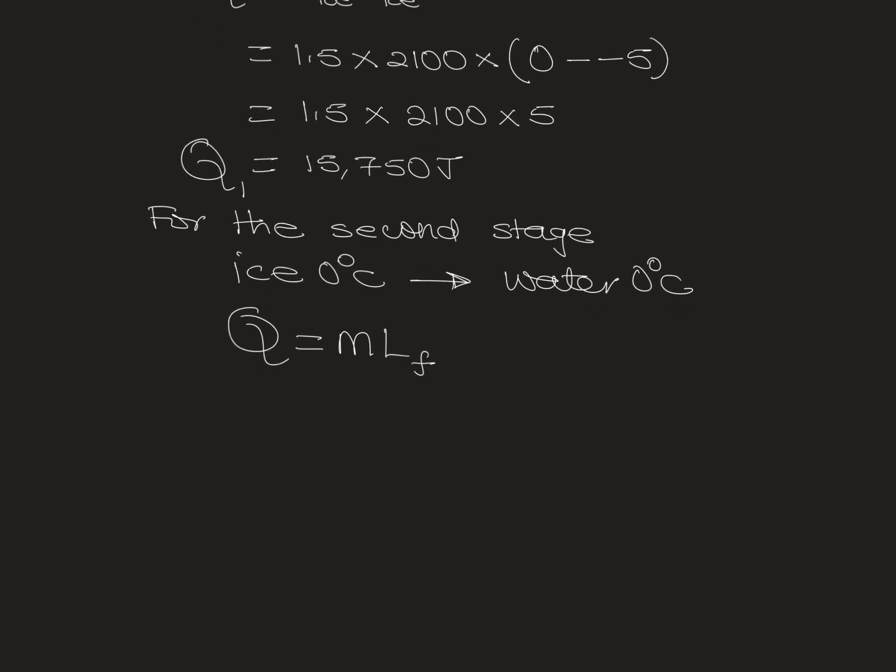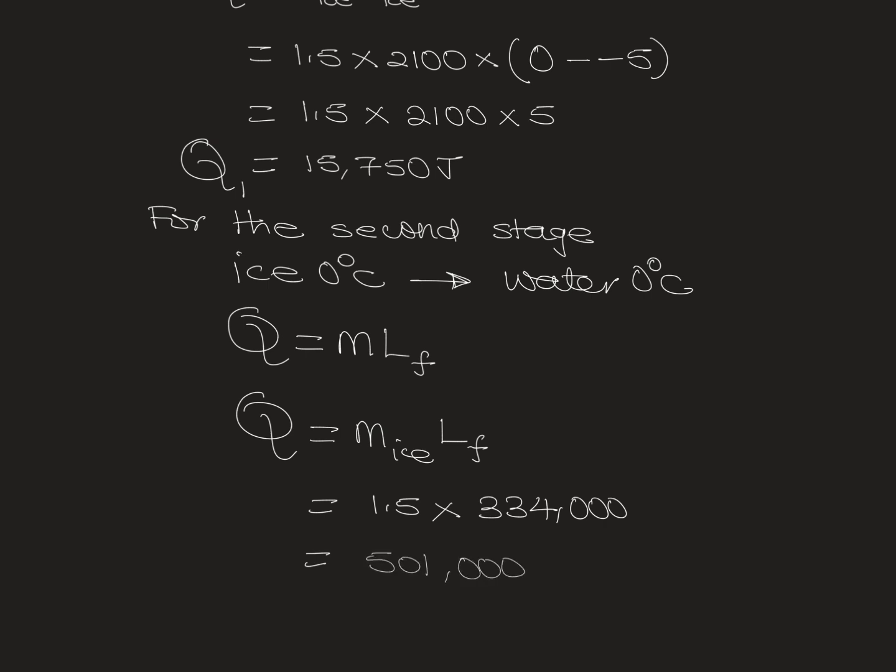okay? So that is to say Q is equal to the mass of the ice times the specific latent heat of fusion. So what is the mass of the ice? That is still going to be 1.5 times the specific latent heat of fusion of ice is 334,000 joules per kilogram per Kelvin. 1.5 times 334,000 is 501,000 joules.